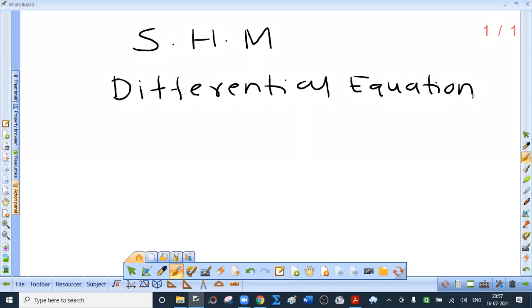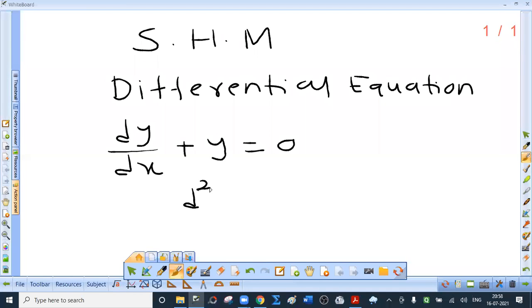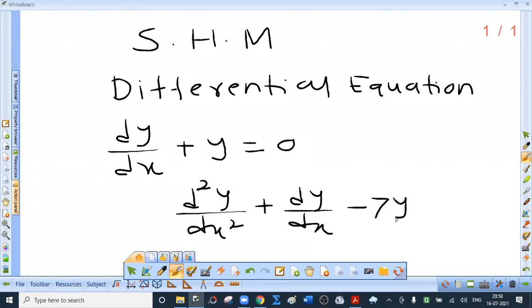An equation containing a derivative is a differential equation. For example, dy/dx plus y equal to 0. This is a differential equation. I have already explained the second order derivative. So d2y/dx squared plus dy/dx, say minus 7y equal to 0. This is also a differential equation.